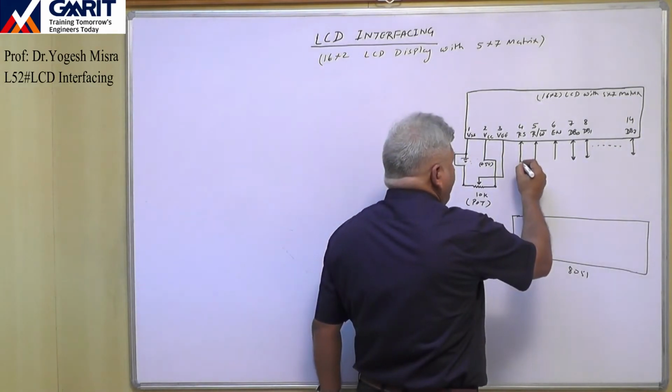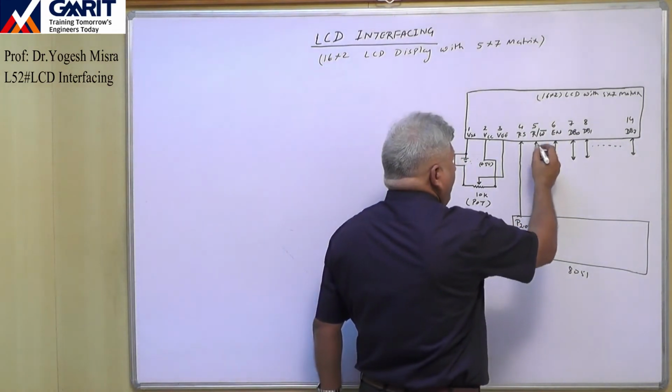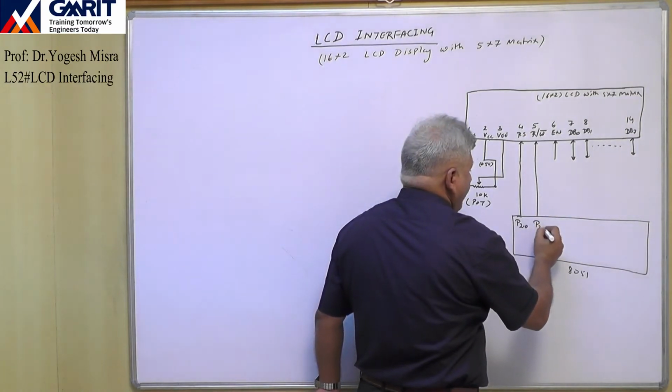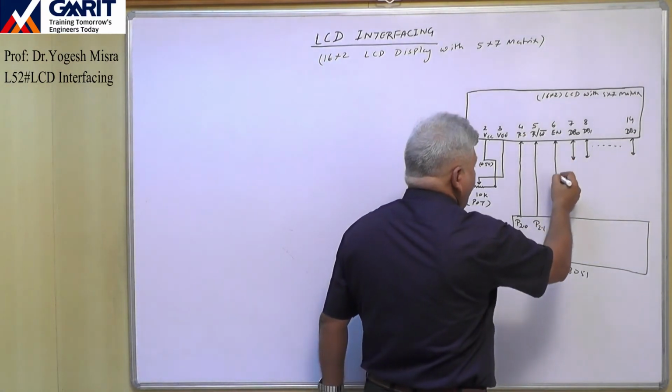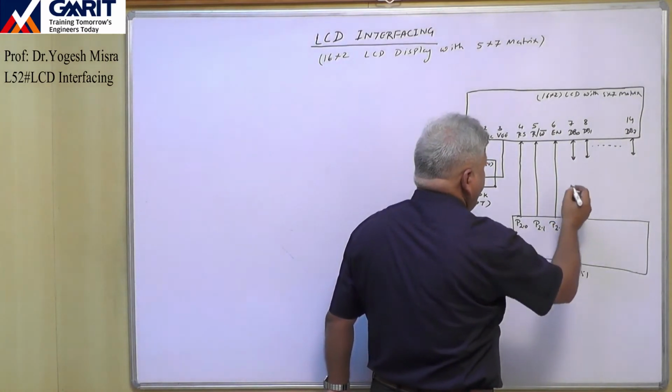The RS pin we have connected to port 2 pin number 0. The read/write bar pin we have connected to port 2 pin number 1. The enable pin we have connected to port 2 pin number 2.